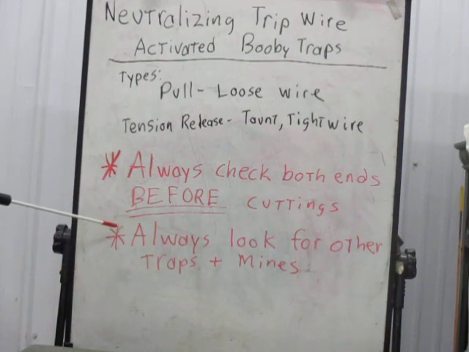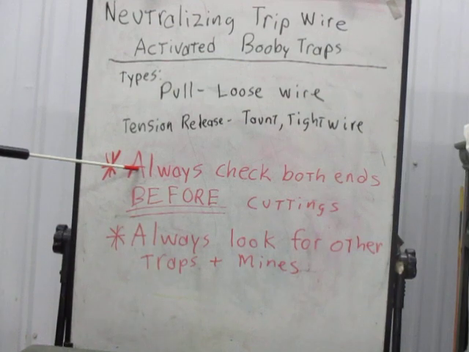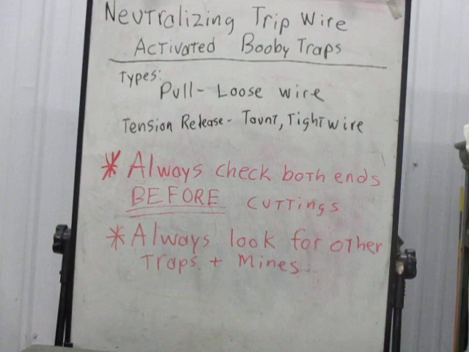Also, while you are checking both ends, always look for other traps or mines. There is always the possibility that you could have that tripwire there, and within a foot to 1.5 feet on either side of that trap, there could be a pressure type activated mine there.